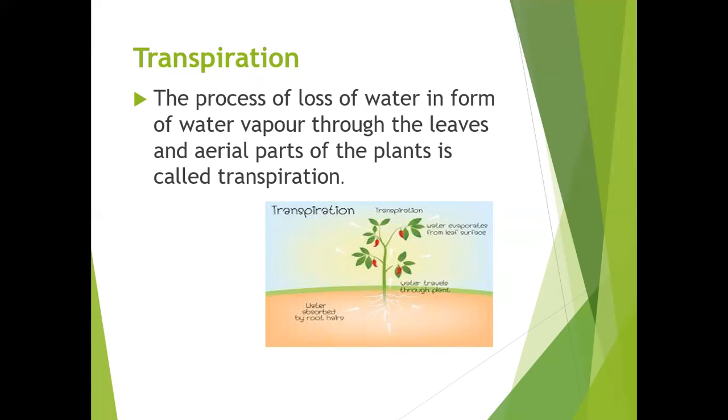Water in the form of vapor constantly escapes from the lower surface of the leaves through the stomata. Now the definition of transpiration: the process of loss of water in the form of water vapor through the leaves and aerial part of the plant is called transpiration.